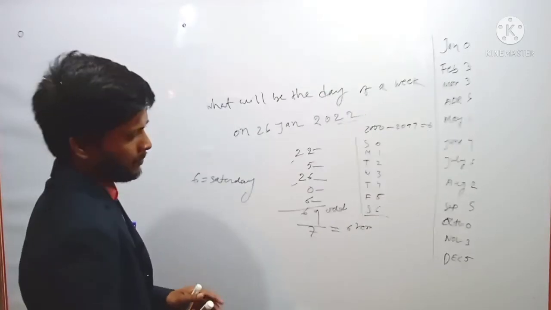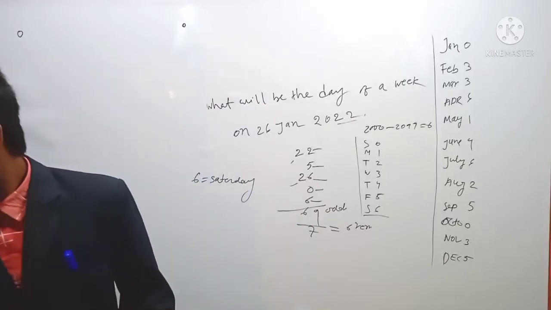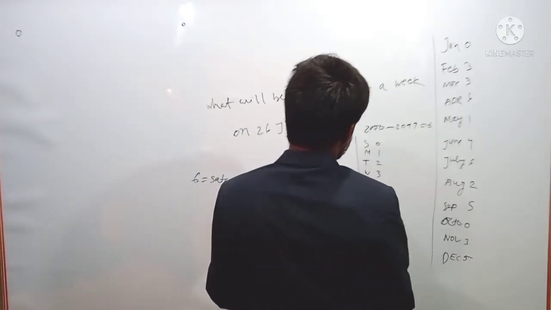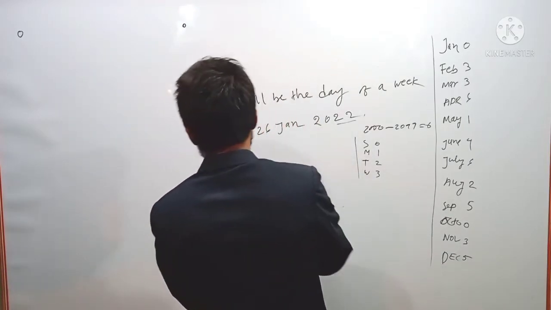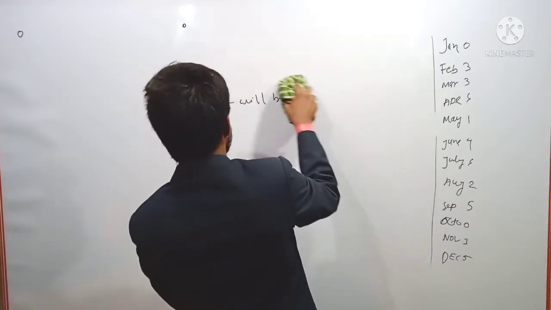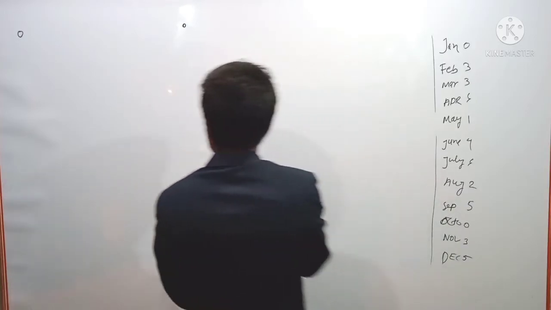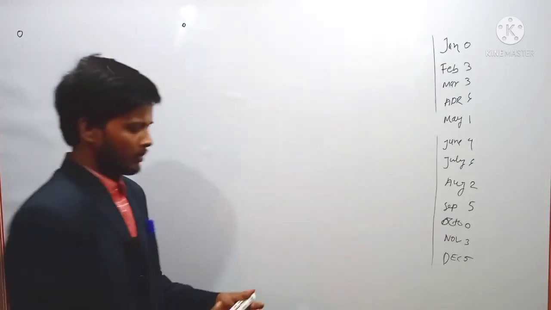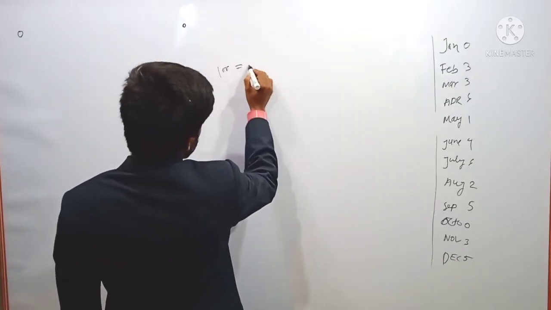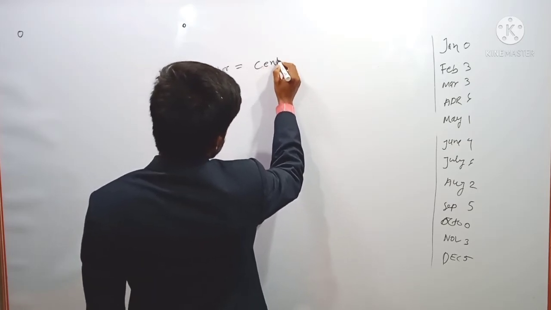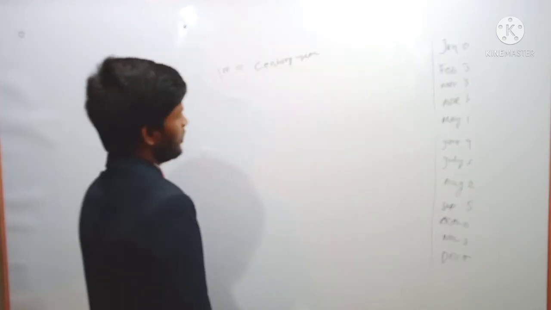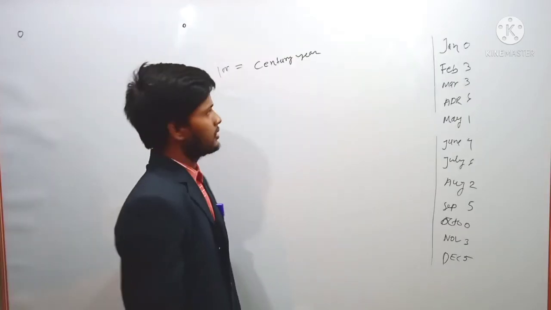Okay, let's take another question. 100 years is called a century year. Okay, 100 years is called a century.